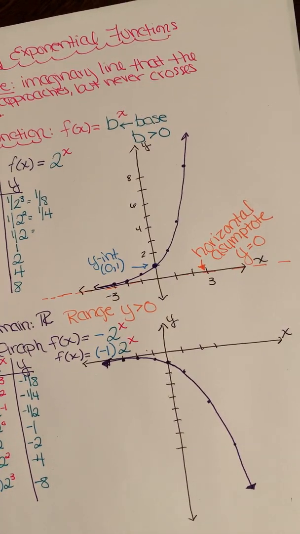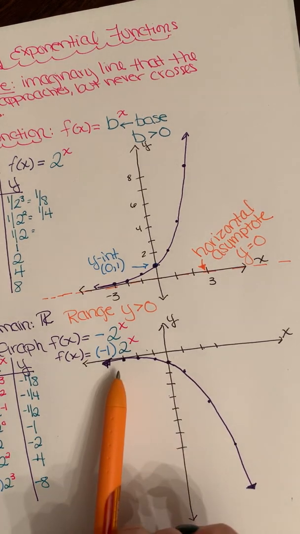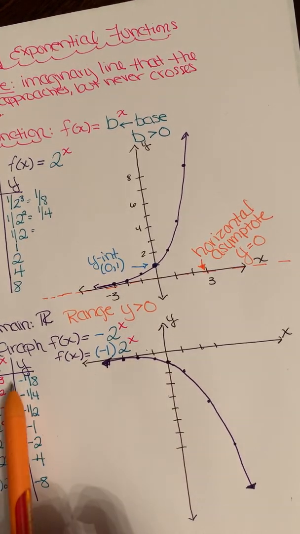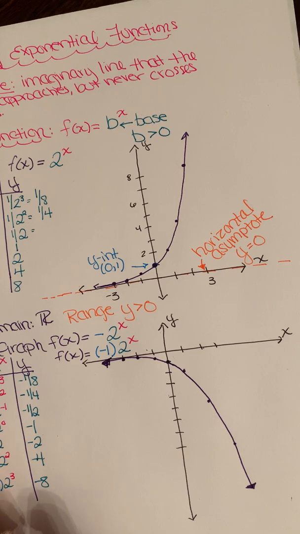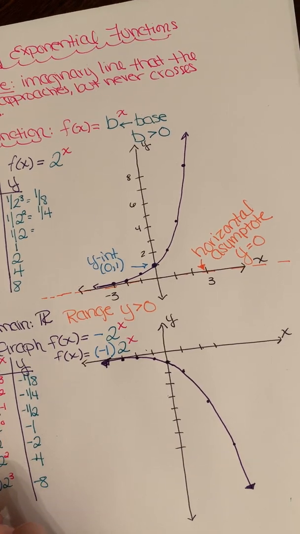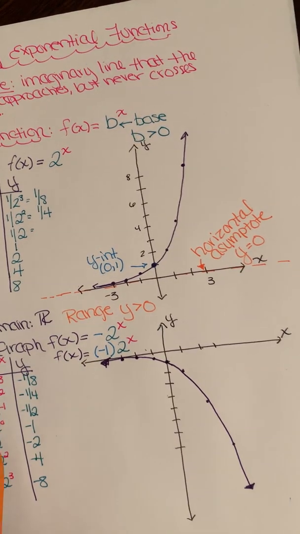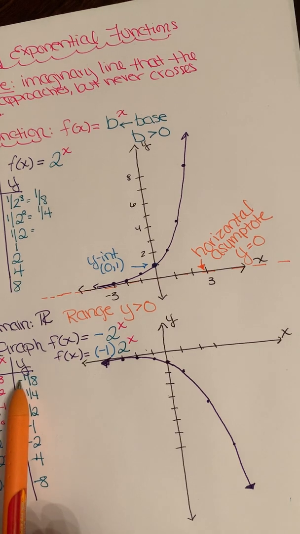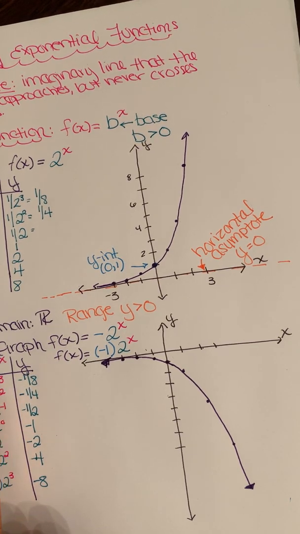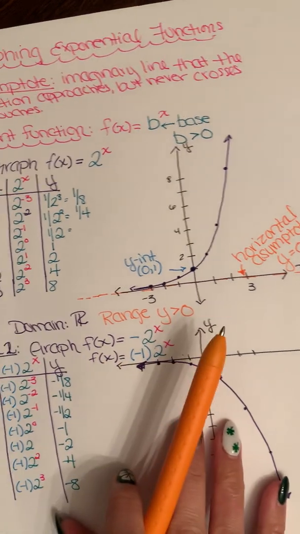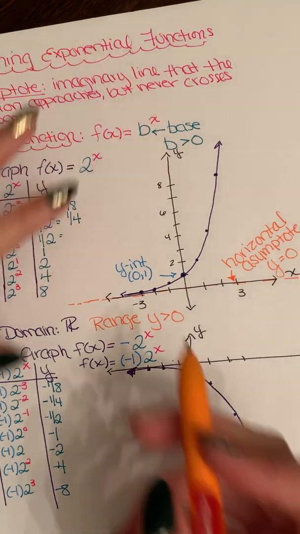So let's talk about what we notice about our graph. So very similar, right? No matter how small my x value gets, it's never going to be 0, because 2 to a negative power is going to turn that into its reciprocal. And then we're multiplying that reciprocal by a -1. So I'm never going to get to 0.